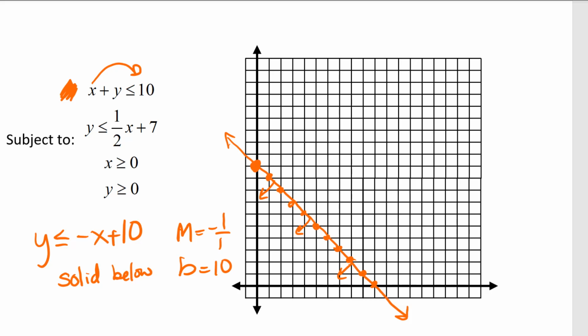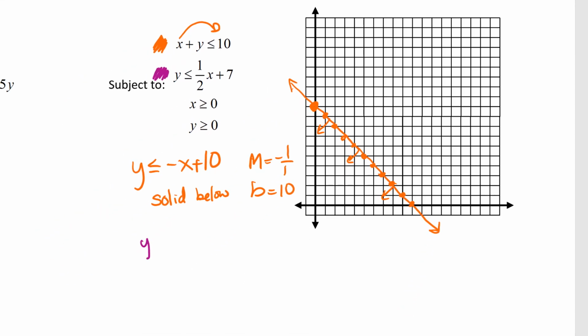The next problem is y is less than or equal to 1/2 x plus 7. So my equation is already in slope-intercept form. My m is 1/2, my b is 7, and because it's less than or equal to, it's solid, and below means shading below.